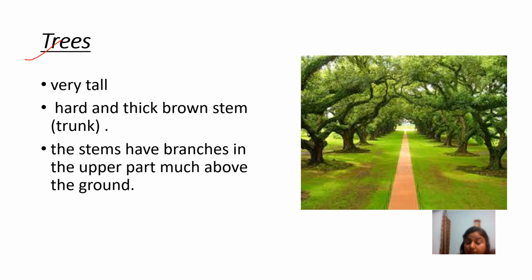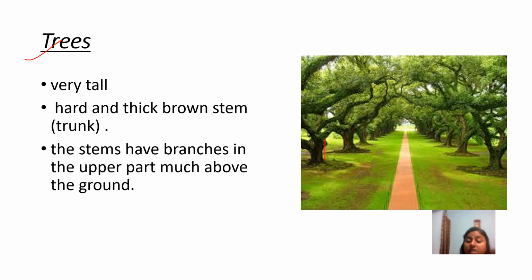The next category, the last one, is tree, and we all are very much familiar with these trees. Yes, these are very tall. We all know that trees are very tall, hard and thick. I mean thick brown stem. Yes, we also call it trunk.